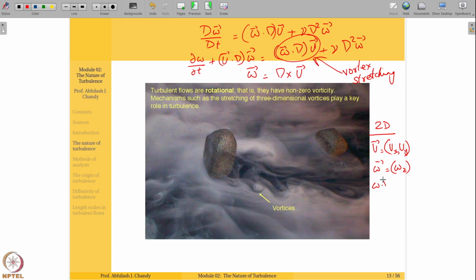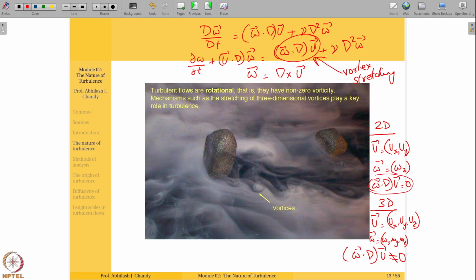So omega dot del u is equal to 0 in 2D. In 3D, on the other hand, u is ux, uy and uz, and omega is omega x, omega y and omega z, in which case omega dot del u is not equal to 0.